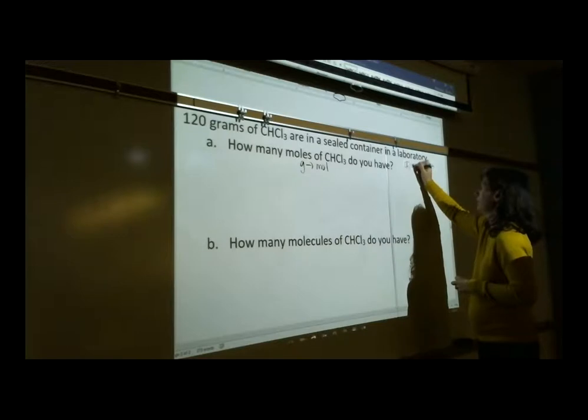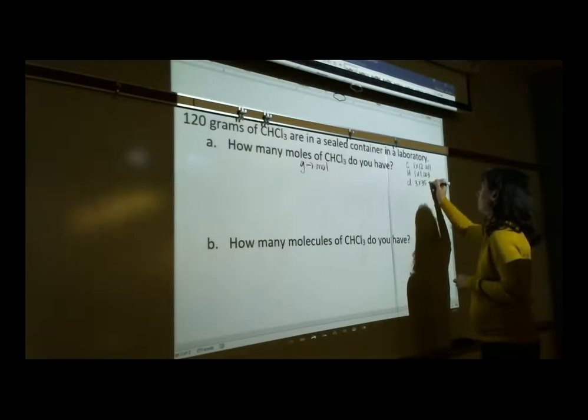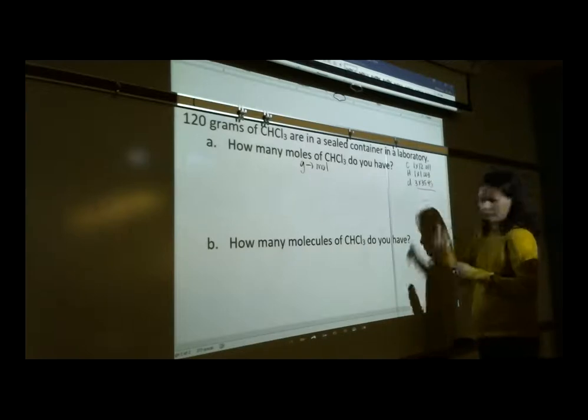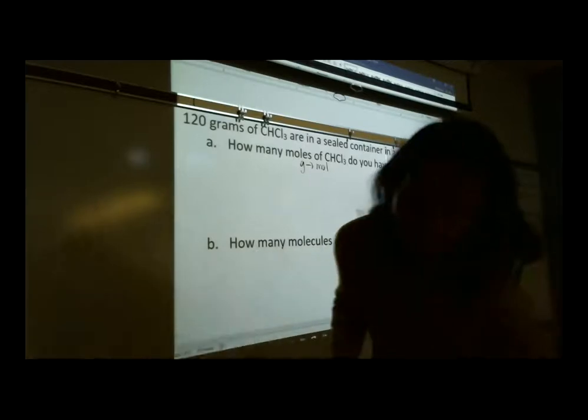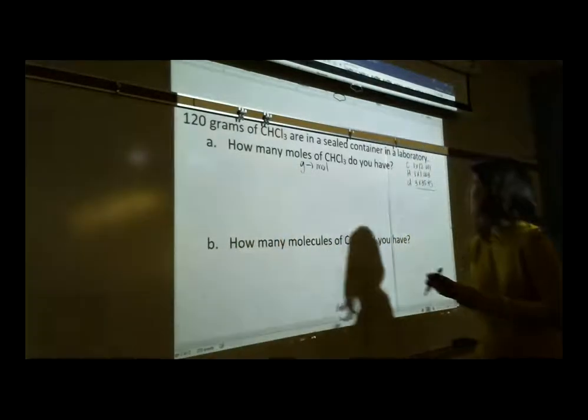So carbon, 1 times 12.011. Hydrogen, 1 times 1.008. And chlorine, 3 times 35.45? Yes, I think. Chlorine, 35.45, yep.